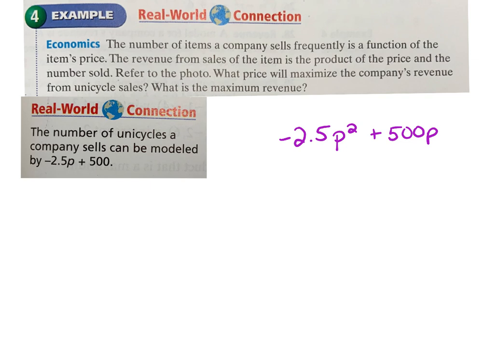They're asking for the XY value of the vertex, all right? So if they're telling you what these variables represent, in this case price is the X value of your vertex, and revenue is the Y value of your vertex. So when they say what's the maximum that's going to happen, they're literally just saying find the vertex, okay?